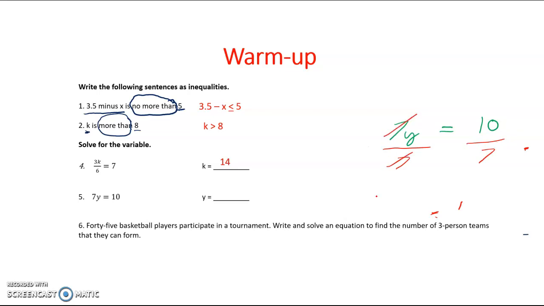I'm left with y equals 10 sevenths, but that's an improper fraction, so I'm going to go ahead and reduce that. 10 sevenths is actually 1 and 3 sevenths.